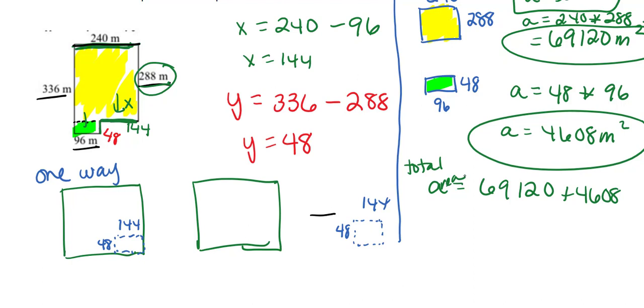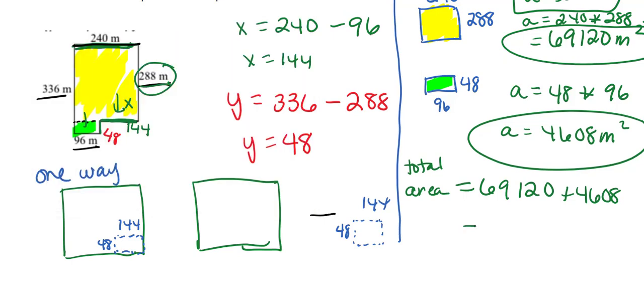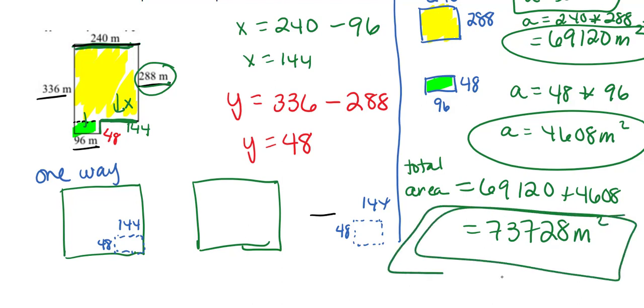We'll rewrite that: total area is going to be equal to 73,728 meters squared, and that would be our total area, and that would be our solution.